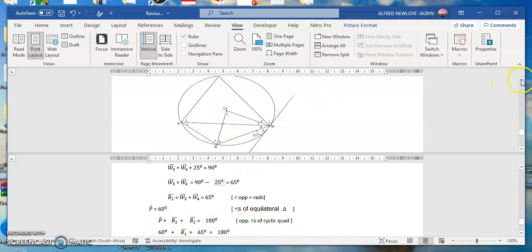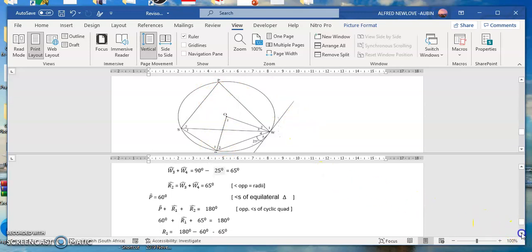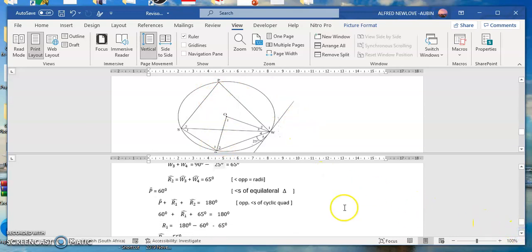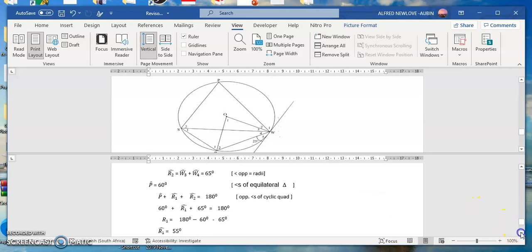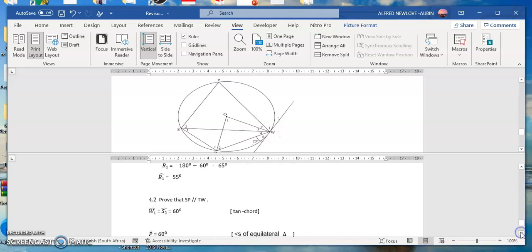Remember, it was said that this is a cyclic quad. So this angle plus this angle should be equal to 180. We know P to be 60 and we know R2 to be 65. So if we transpose, we are going to get our R1 to be 55.